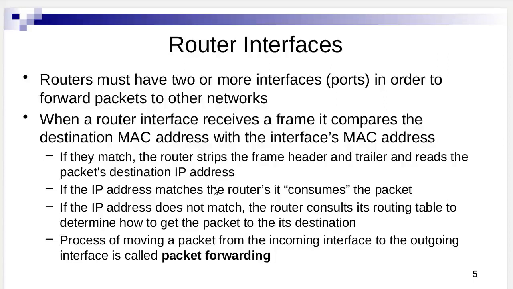It just consumes that packet. That is, it says, okay, this packet is destined for me, and so someone is trying to send me a message, and therefore I don't have to consult the routing table.